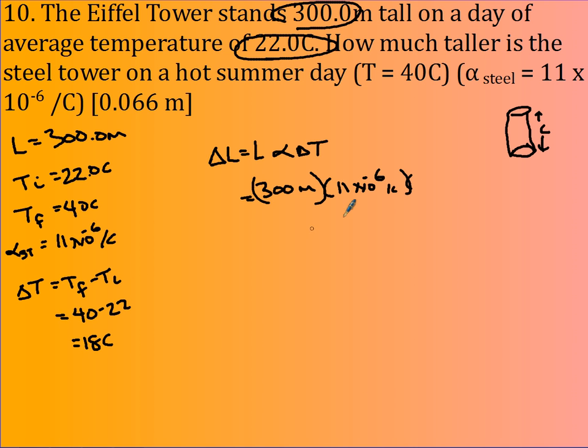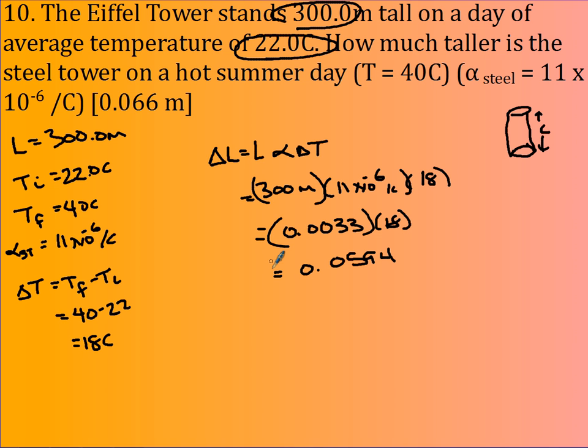And delta T is 18. Multiply straight across. You can do this all at one time or one step at a time. When you multiply 300 times 11 times 10 to the negative 6, you get 0.0033. Times 18, I get 0.0594.